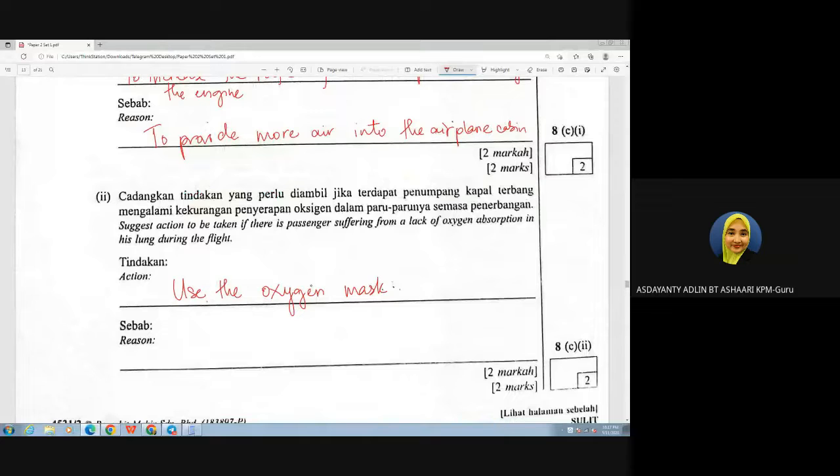Because we want to get oxygen. Okay. So to supply enough oxygen to them.